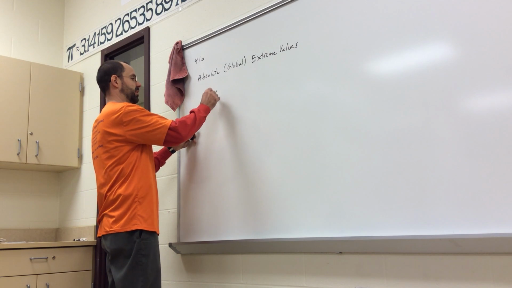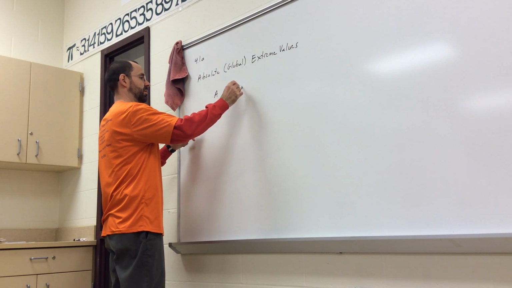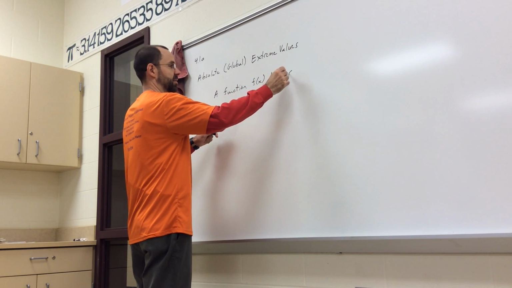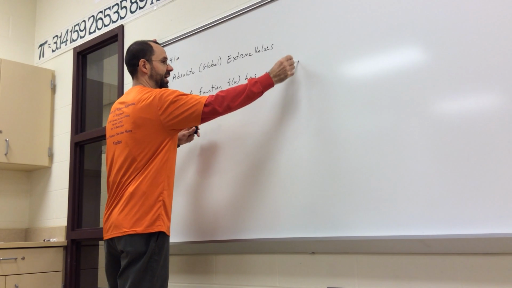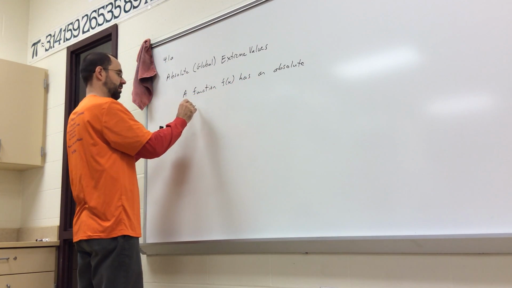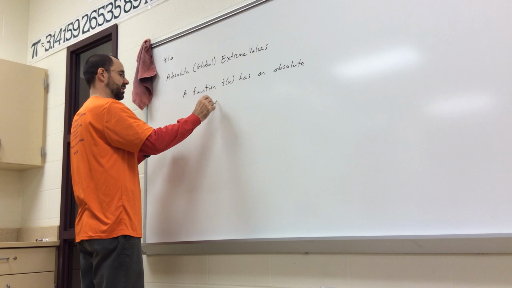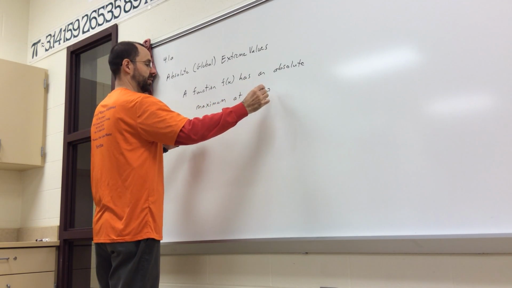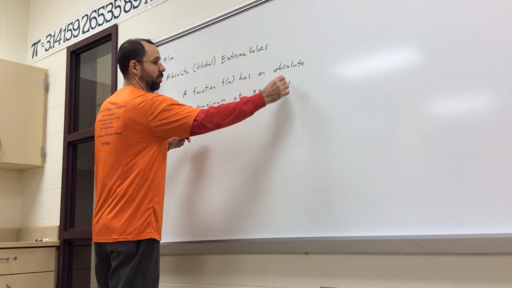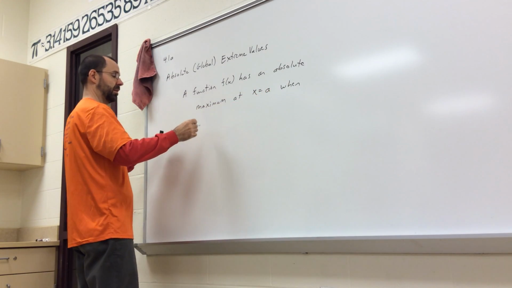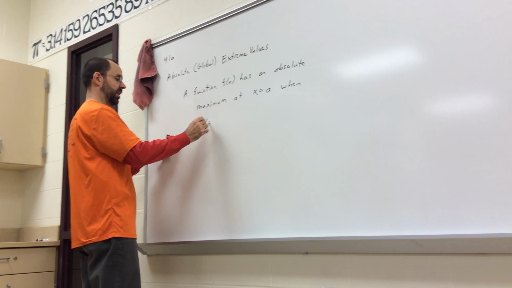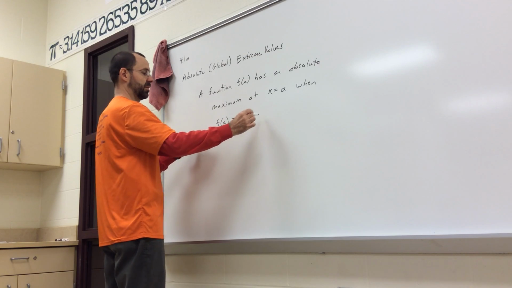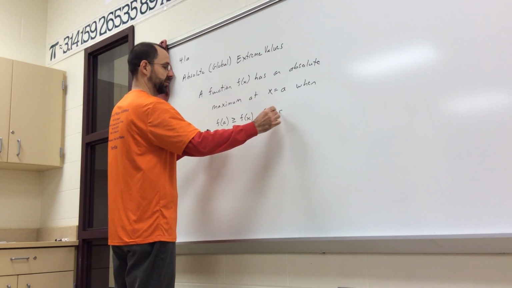And so a function f of x has an absolute maximum at x equals a when f of a is bigger than or equal to f of x for all x's.